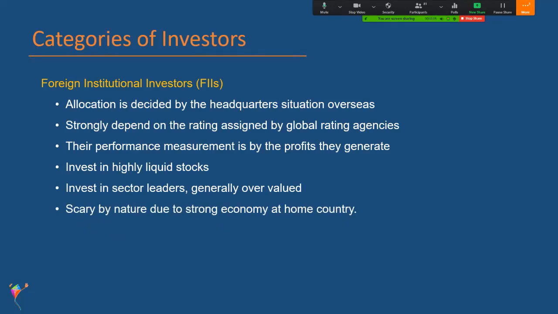They are scary by nature due to the strong economy at their home country. So whenever there is a crisis-like situation, for example in the emerging markets or say in India, they quickly sell and move off to their own country. In most cases, it is the USA, because they have a very strong economy.